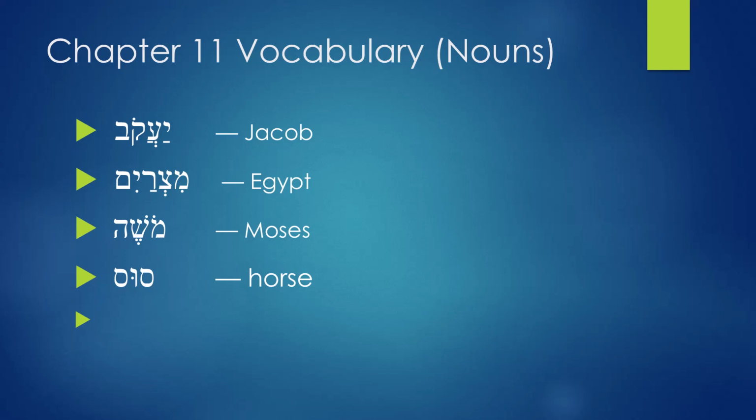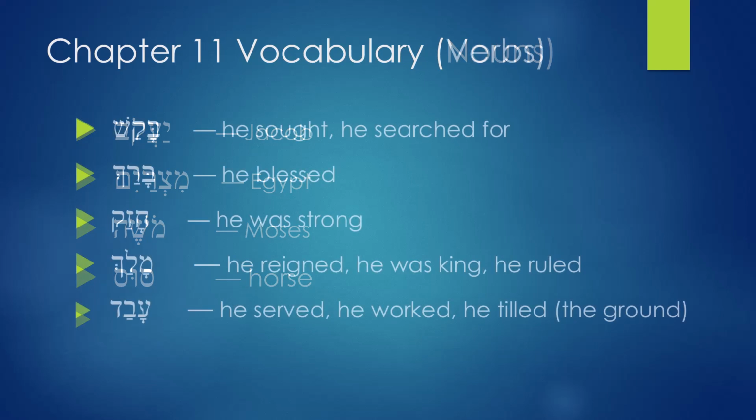Yaakov means Jacob. Next we have Mitzrayim. Mitzrayim means Egypt. Next we have Moshe. Moshe means Moses. Next we have Sus. You must know this one. Sus means horse.